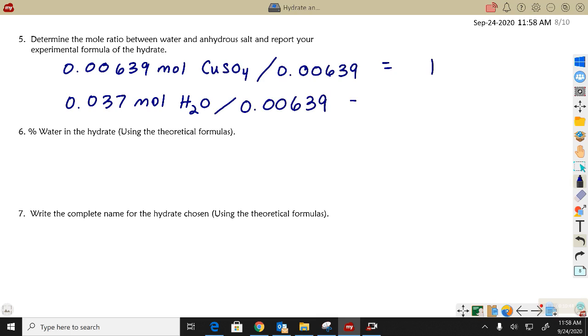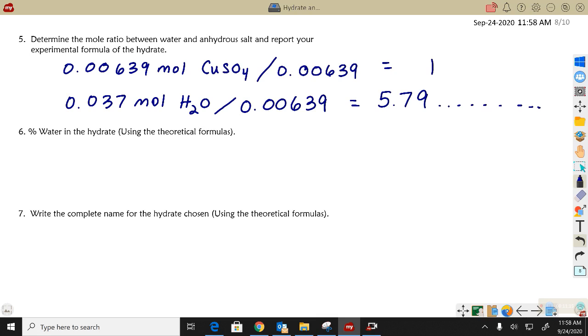We cross our fingers and we hope and pray that this comes out to be a whole number. 0.037 by 0.00639. No, it's not quite. On my calculator I get like 5.79 and then a bunch of other digits. Bummer, it's not a whole number.